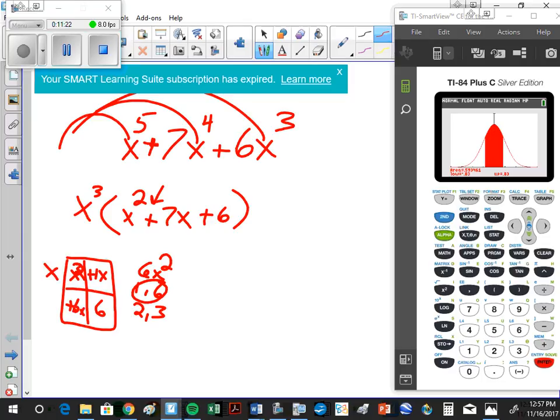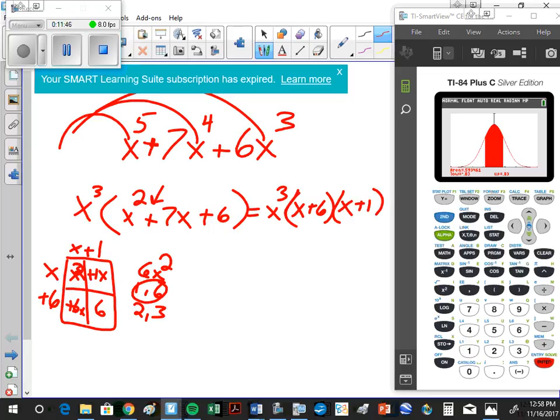Top row shares an x, which yields x plus 1, and the left column is x plus 6. Yeah, I switched it, sorry. My answer is x to the third times x plus 6 times x plus 1.